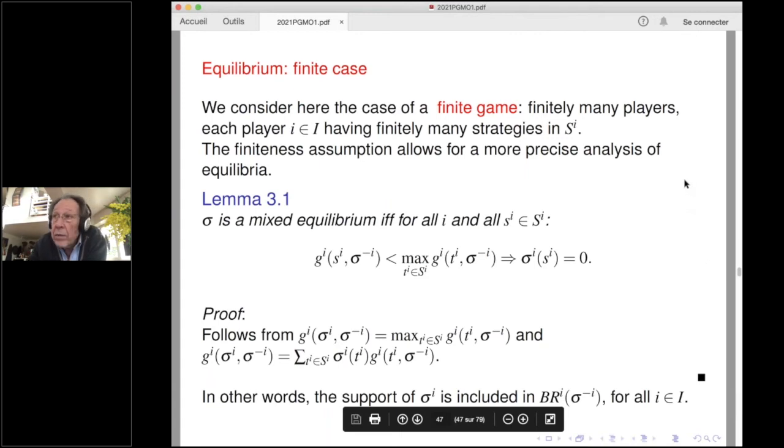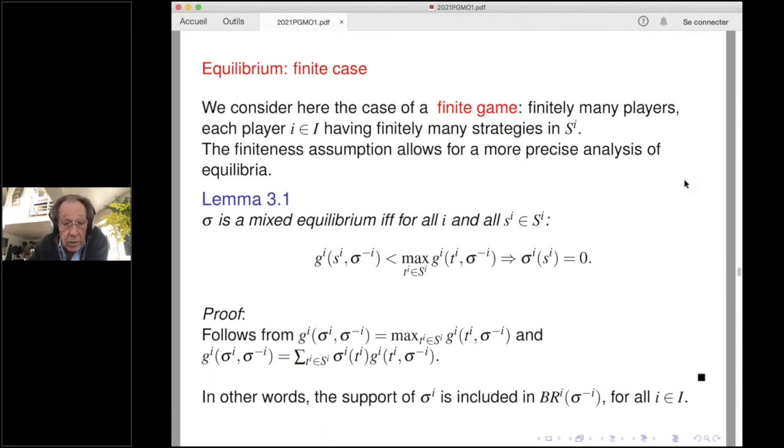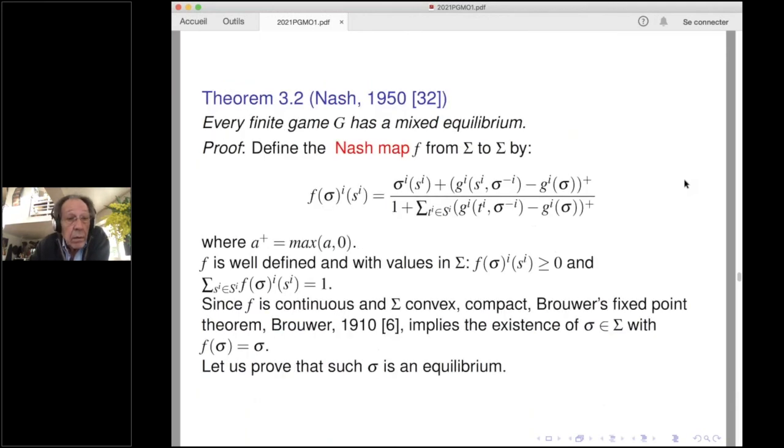So it means that if you have a mixed equilibrium, then the support of the strategy is included in the set of best replies. And there is also a simpler proof of equilibria, and this was the original proof of Nash in his PhD thesis.